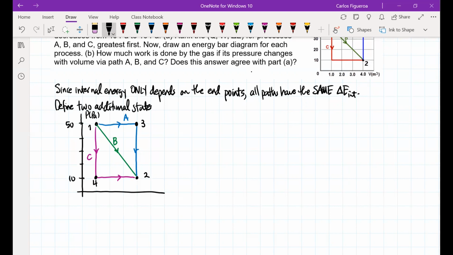So now that I've done that, to get a sense of whether there's an increase or decrease in internal energy, I'm going to start by determining the temperatures and ranking them.